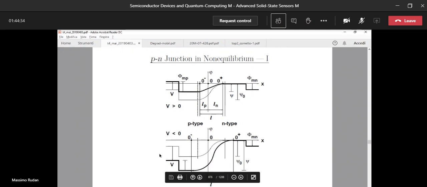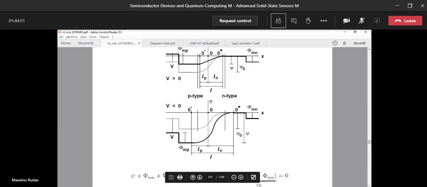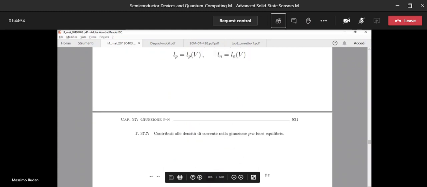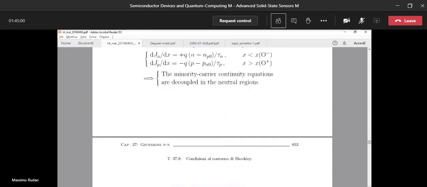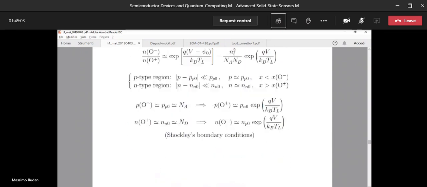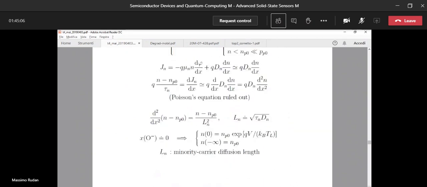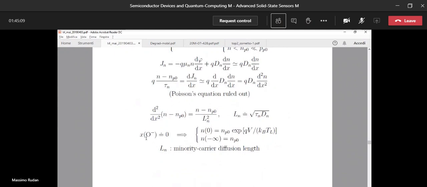So we assume that when we go away from the junction, the semiconductor concentrations will behave like in equilibrium, okay? And the other boundary is 0 minus, okay? So we need to know somehow the concentration n at 0 minus and at minus infinity. These are the two boundary conditions that are necessary for this problem.